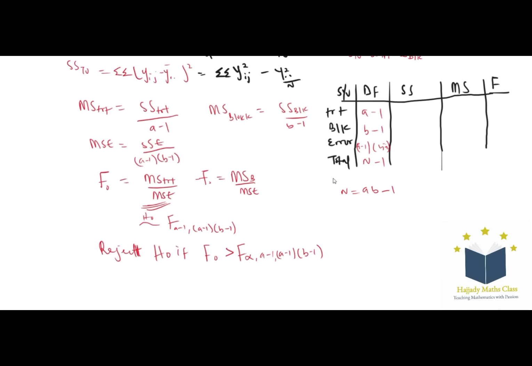This can be gotten using the same approach for the sum of square error we used above. For our SS, we prove what our SS treatment is, the same thing with SS block and also SSE.